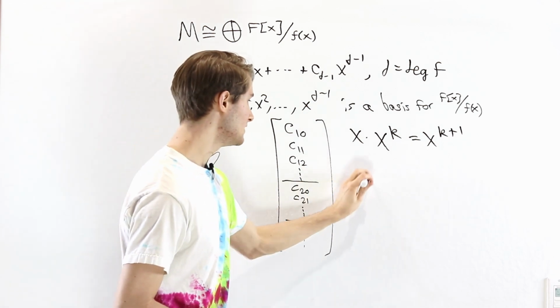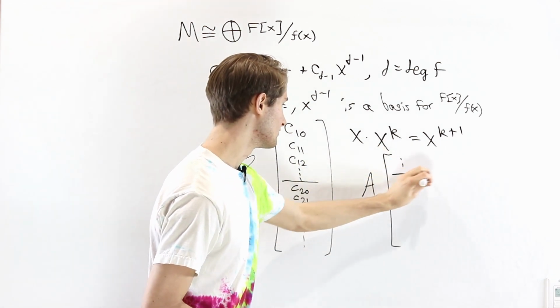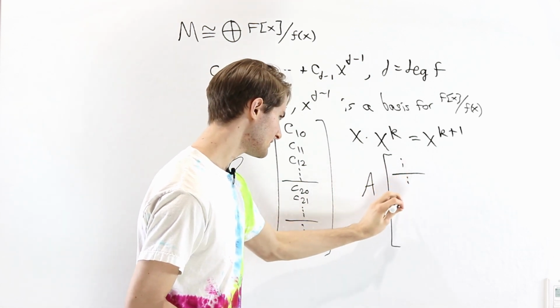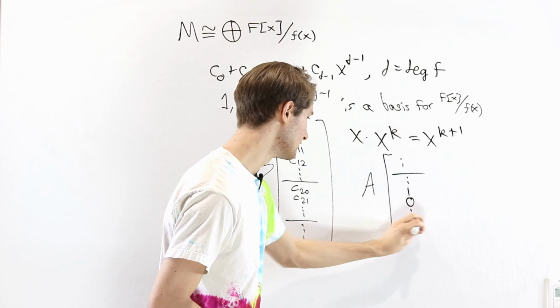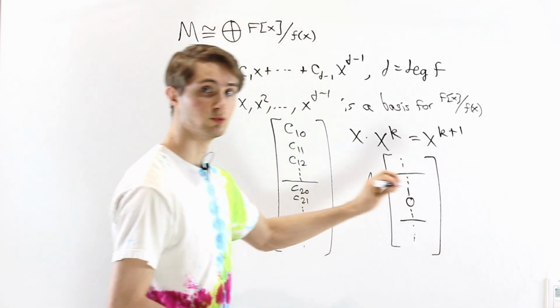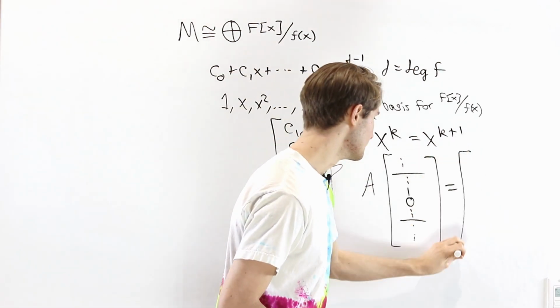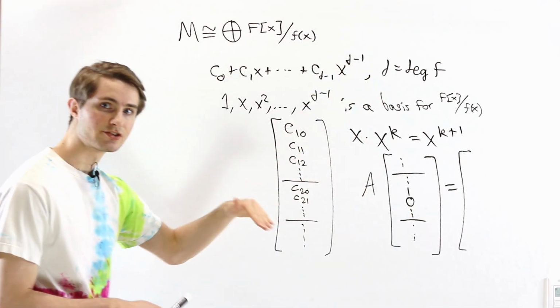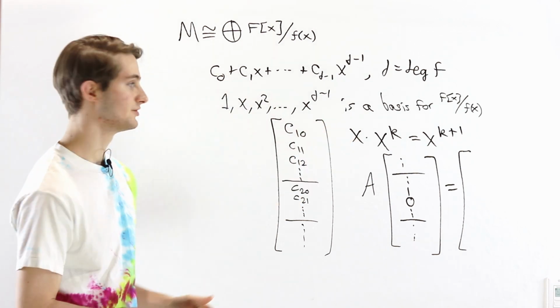So if we take the matrix A and we multiply it by the vector, say this is one of the polynomials, it has a 1 here and a 0 here, and so on. Everything else is a 0, but this gives us one of the basis vectors. Applying the matrix to this is going to take the x coefficient to the x squared coefficient, x squared to x cubed, and so on.